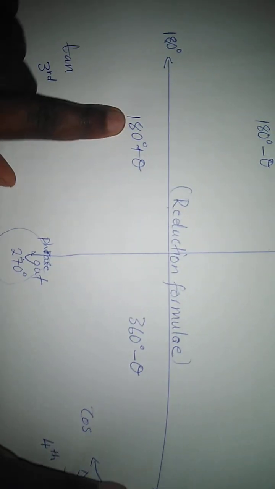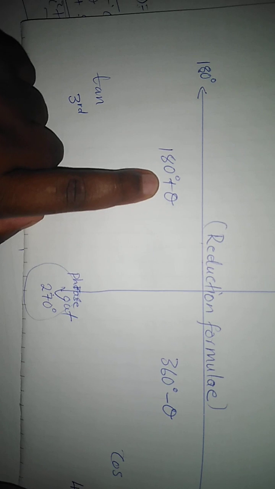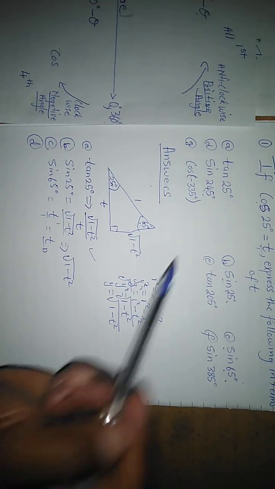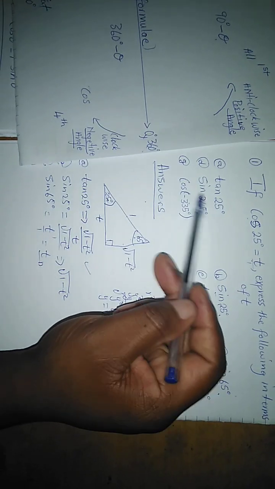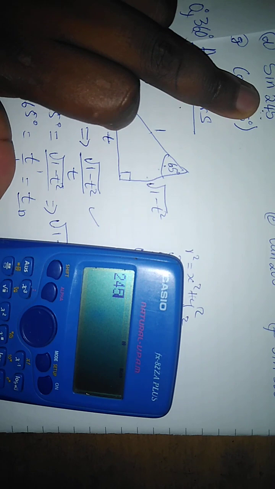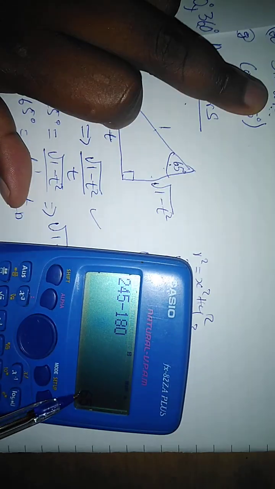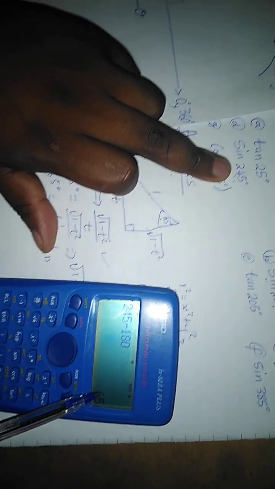Here we use the reduction formula 180 plus theta. How do I find the theta? I take my calculator and say 245 subtract 180 degrees, I'll have 65. So my theta here is 65.